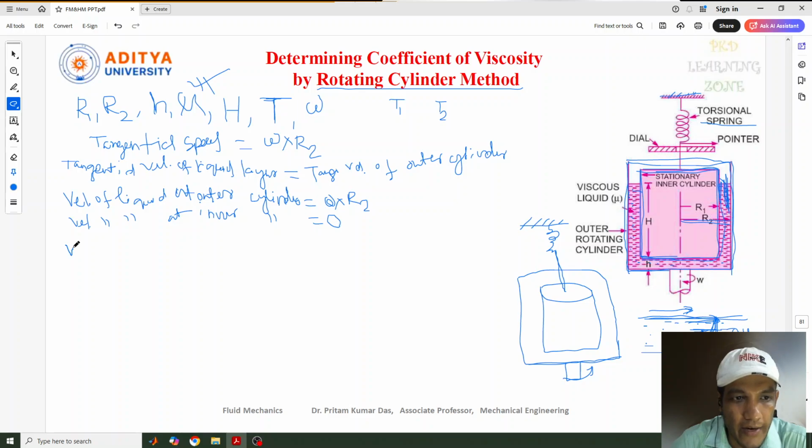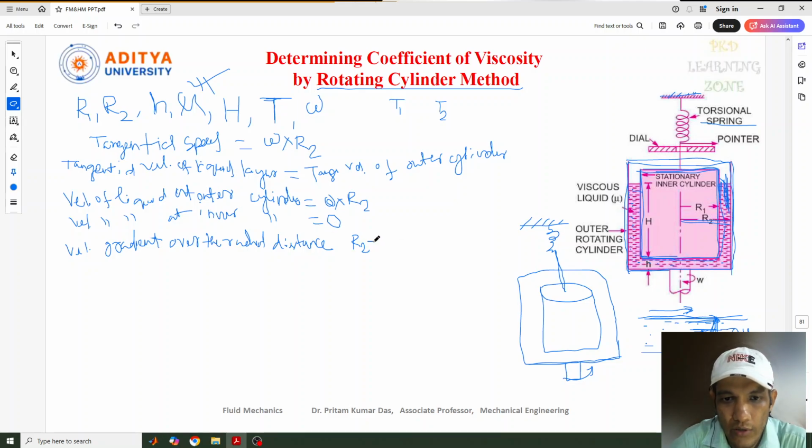Now we can find out the velocity gradient, as I have written, over the radial distance. The radial distance is nothing but r2 minus r1, where r2 is the outer radius and r1 is the inner radius.